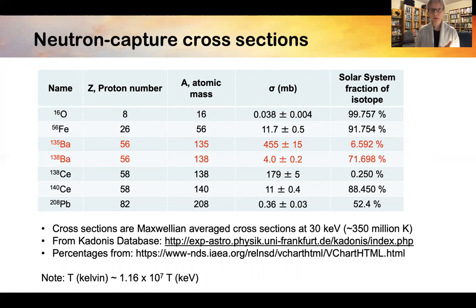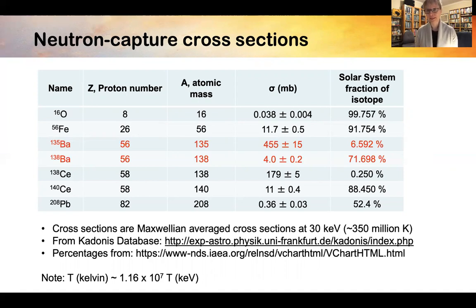We've got two barium isotopes, barium 135 and barium 138. 138 has a magic number of neutrons, 126. Even though they have the same number of protons, their neutron numbers are really different, and their sigma cross sections differ by 2 orders of magnitude, a factor of 100.